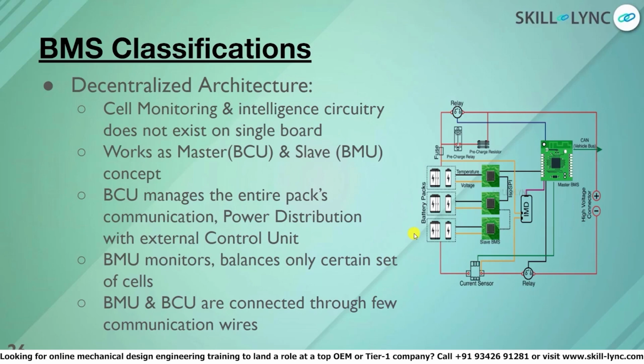Each BMU has a certain number of channels, and as per the channels the BMU has, it is connected to all the cells and it monitors all those cells, and that information is sent to the BCU, and the BCU takes control of what has to be done, how it has to be balanced, etc. So BCU is the controlling authority over here, but BCU doesn't directly get in touch with the sensors or the voltage sensors of the cells. It gets in contact with the BMU, where BMU monitors it and sends the information to the BCU.